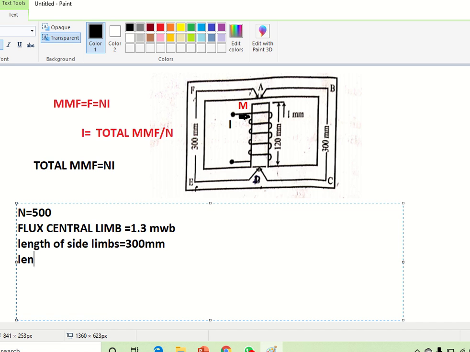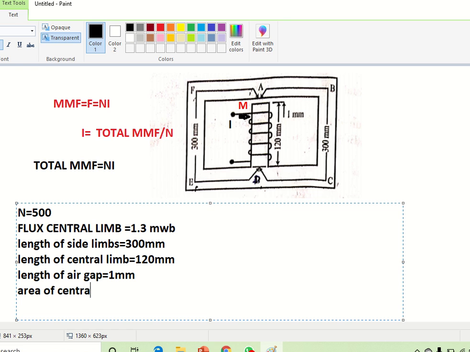Then length of central limb equal to 120 millimeter. Then length of air gap equal to 1 millimeter. Then area of central limb 800 millimeter square.